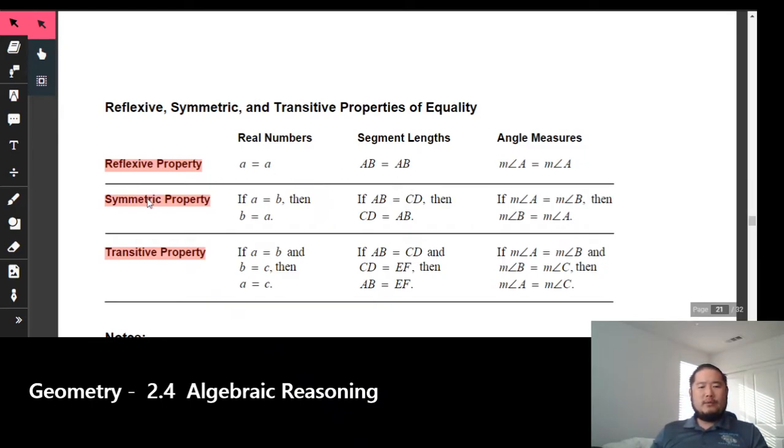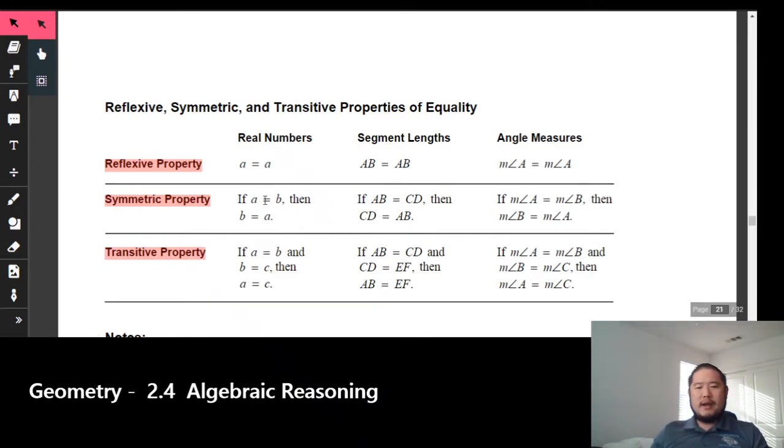The next one we have is the symmetric property. Remember, if it's symmetrical, think of if my hand right here is the line of symmetry, on the other side, it'll look the same. But it's not a slide or a glide. It's symmetric on both sides. So the distance from my thumb to the pen on one side of the line and the distance from my thumb to the pen on the other side is going to be the same.